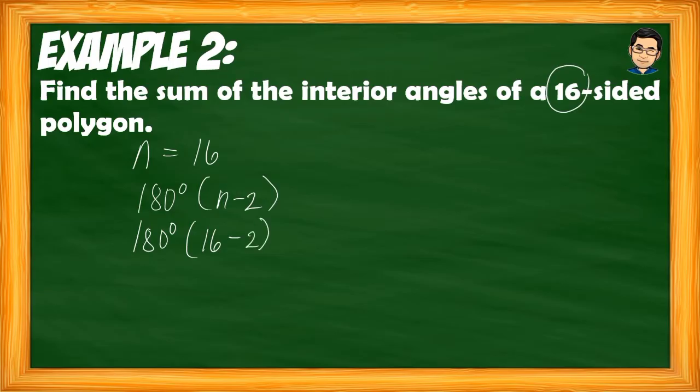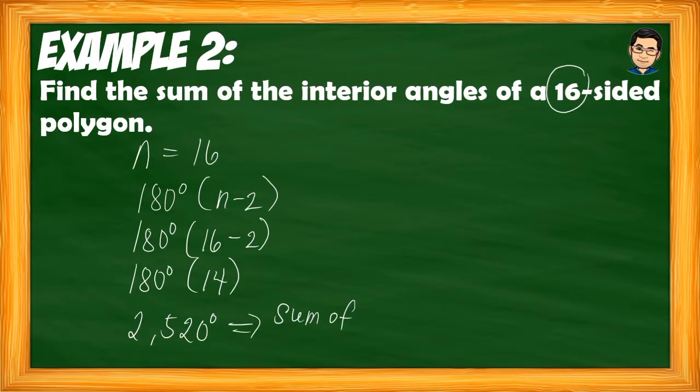And 16 minus 2 is 14. So, 180 degrees times 14. So, i-multiply lang po natin yan. We'll get 2,520 degrees. So, ito po yung ating sagot. Sum of the interior angles of a 16-sided polygon.